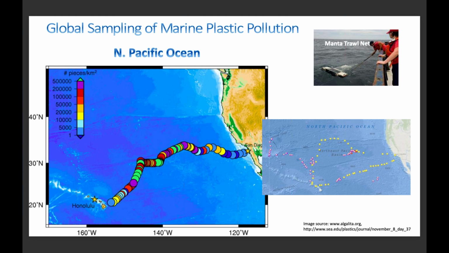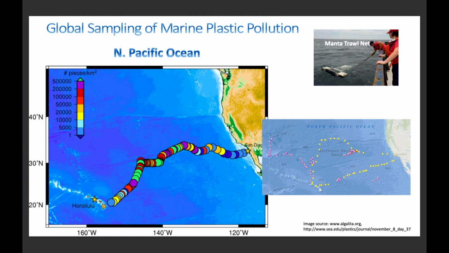Now this was more scientific in nature, where scientists went into the ocean with what is known as a manta trawl net, and they collected water samples. By analyzing these water samples, they found out the plastic concentration, which is given here in terms of number of pieces per kilometer.